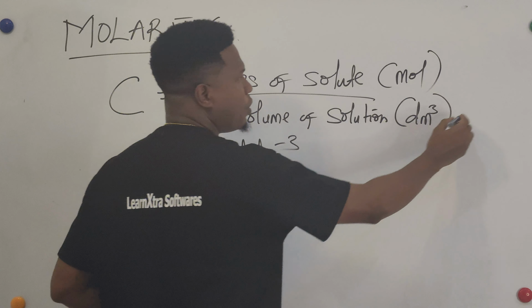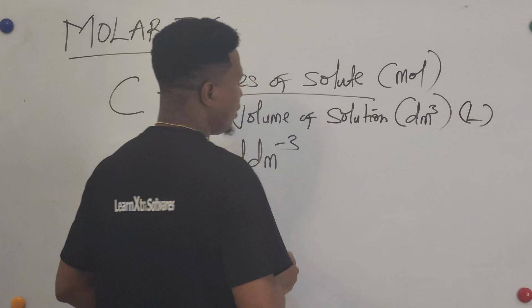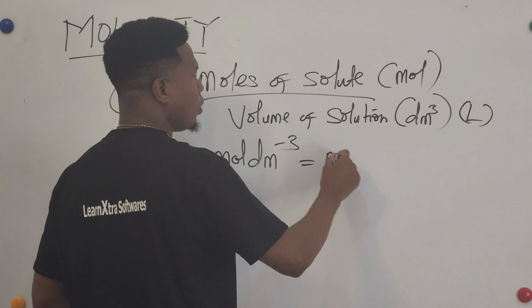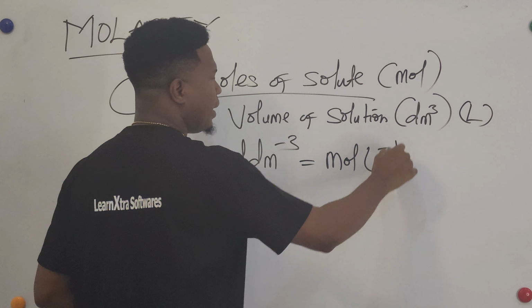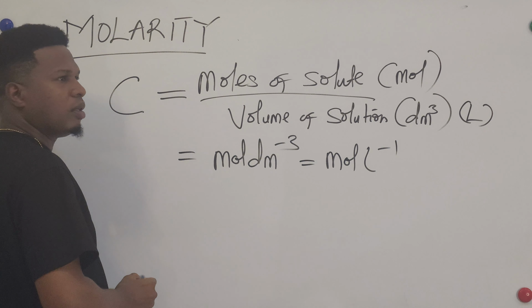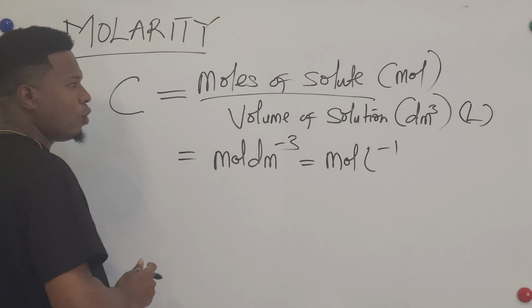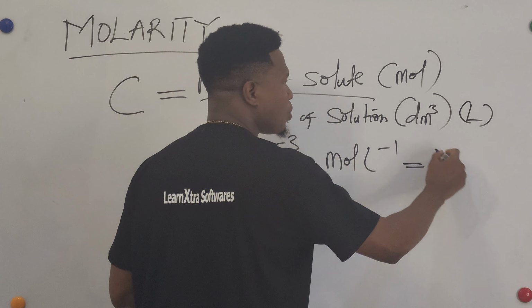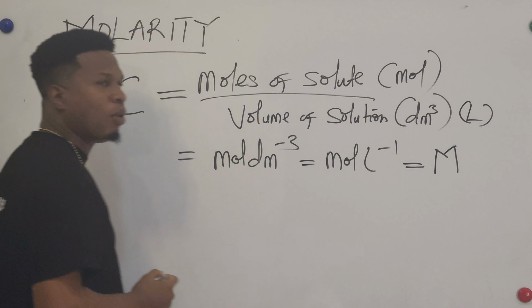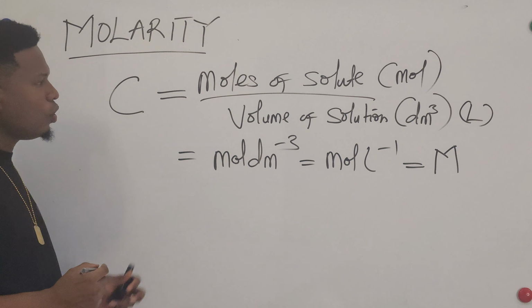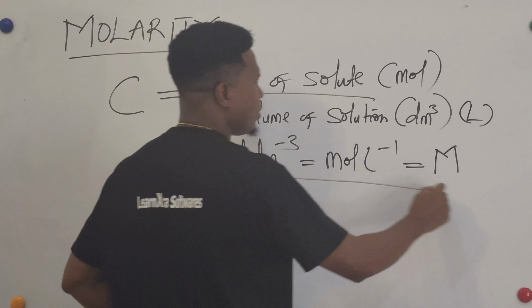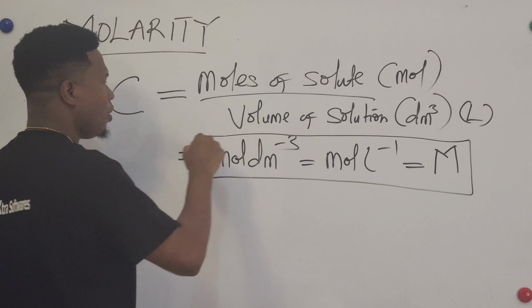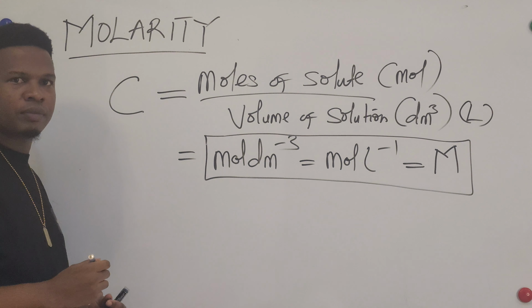Remember that dm cube is also the same thing as liter, so molarity can also be equal to mole per liter. Also we can represent molarity as capital M, a molar solution. So all these are units of the molarity of any solution.